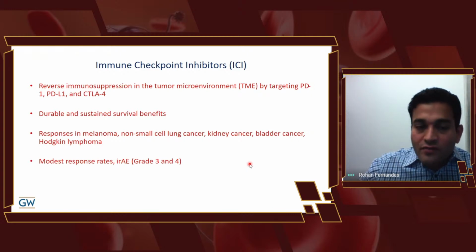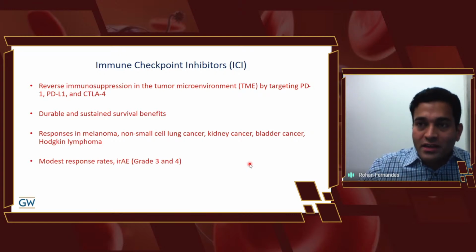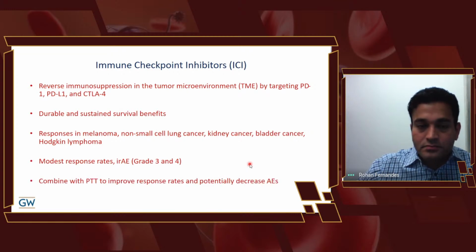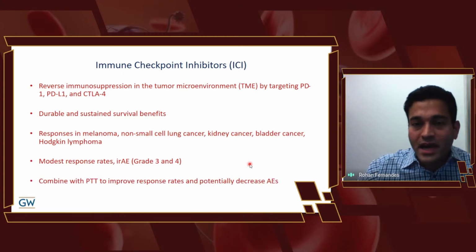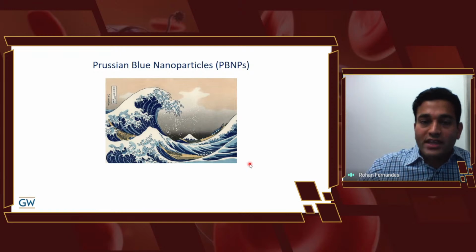In addition, you have immune-related adverse events, grade 3 and grade 4 adverse events, and this immune-related toxicity can be quite debilitating to the patient. So our hope is to combine nanoparticle-based photothermal therapy with immune checkpoint inhibitors to improve the response rates and potentially decrease adverse events. So how are we doing that?